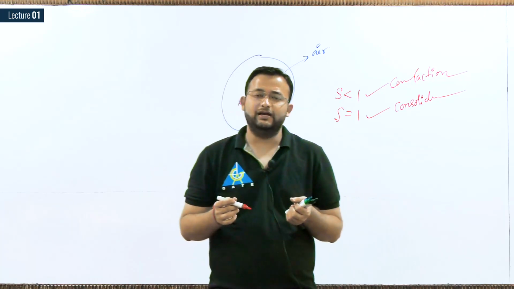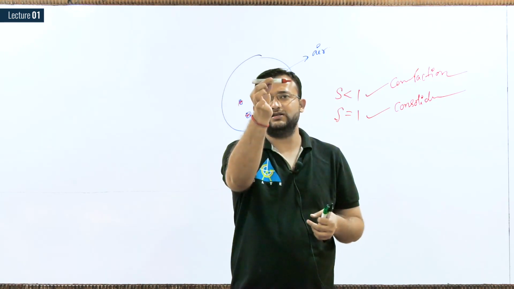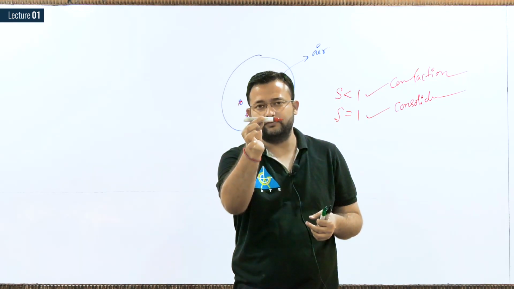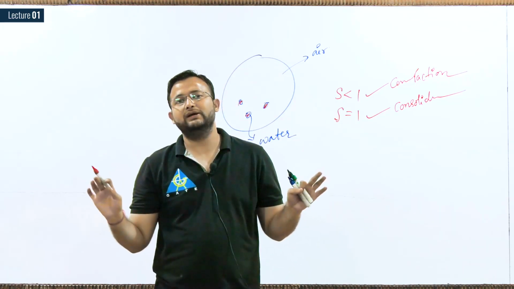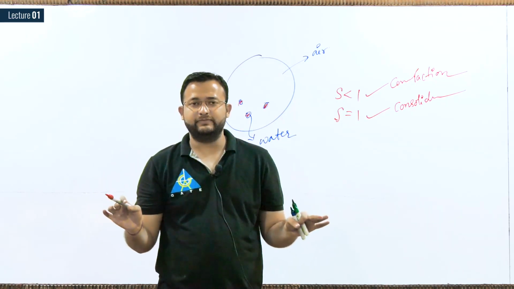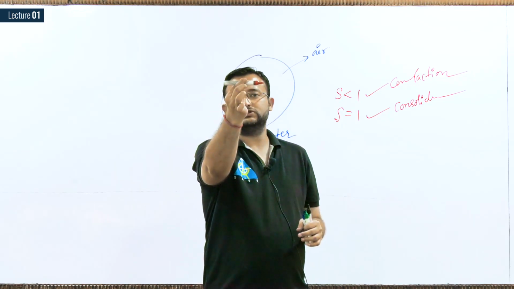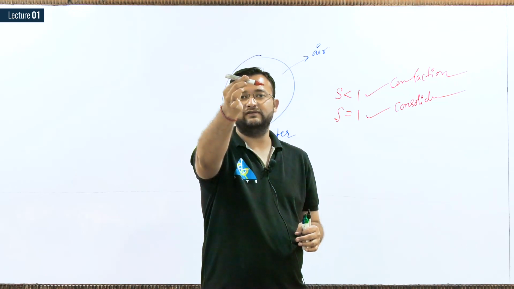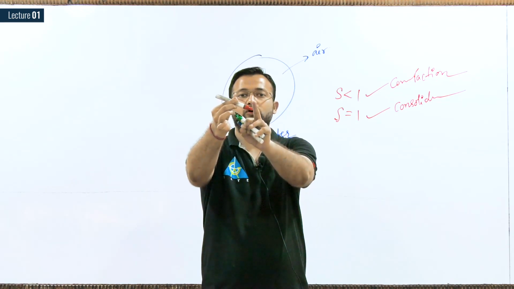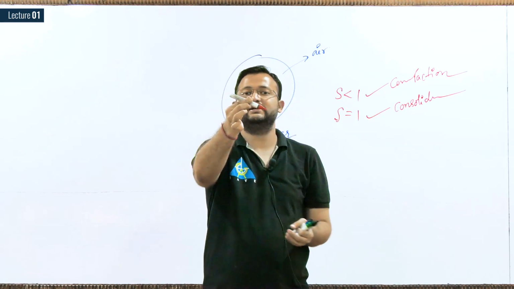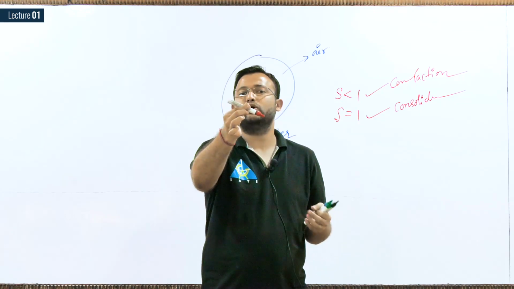You understand the meaning. If there is a uniform settlement of your footing everywhere on the plot, then okay, no big issue will happen, no big collapse will happen, no big failure will happen. But suppose there is no uniform settlement, there is a differential settlement, something like this, means at one edge of your footing there is a large settlement, and at the other edge of the footing there is a small settlement.